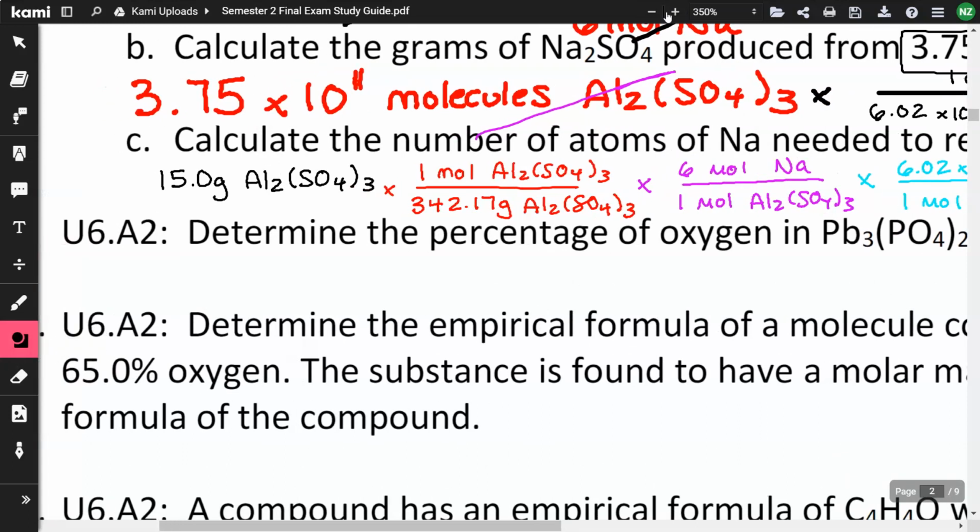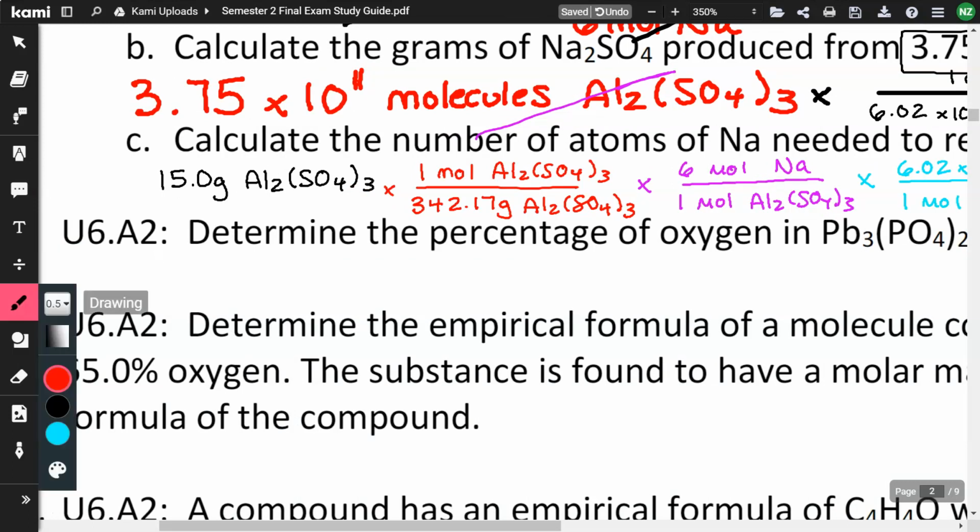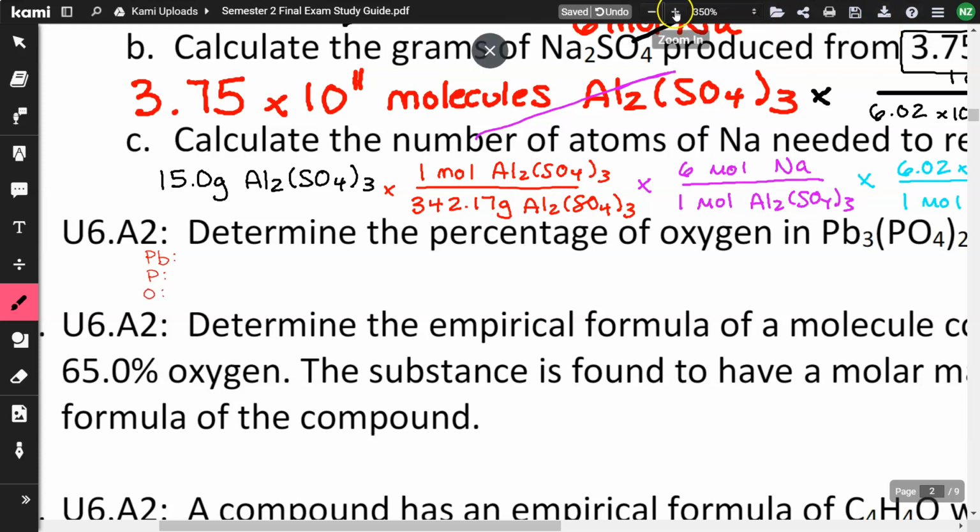So we have lead, which is Pb. Okay, so we have lead, which is Pb. We have phosphorus, and we have oxygen. Let me zoom in just a little bit more.